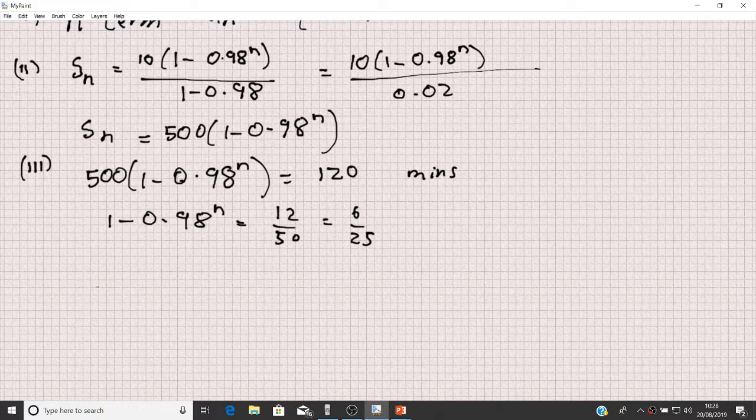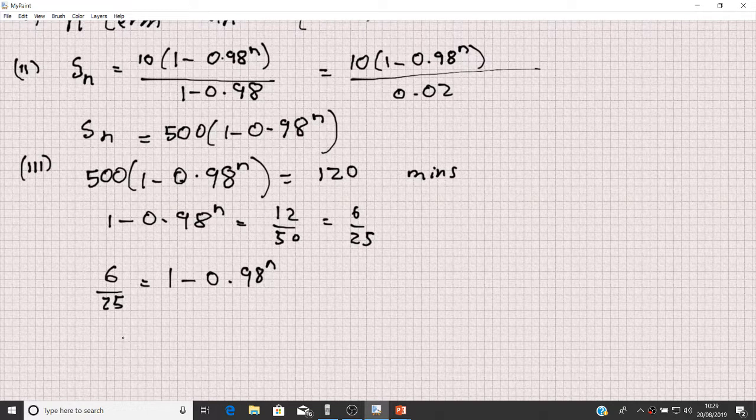And I can rearrange this, so I'm just going to reverse the order: 6 over 25 equals 1 minus 0.98 to the power of n.